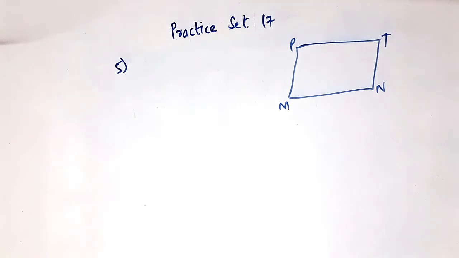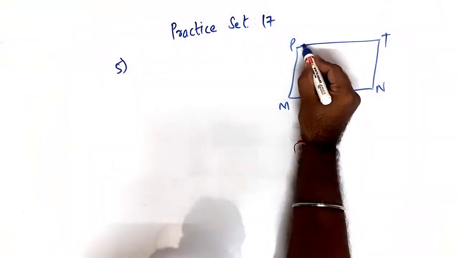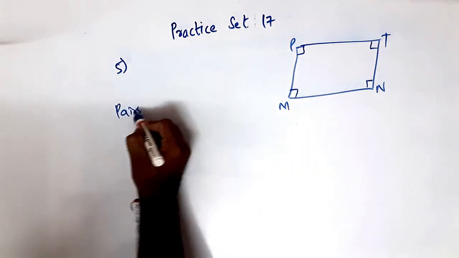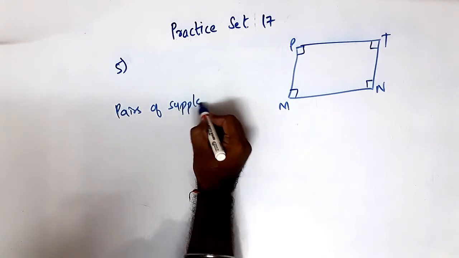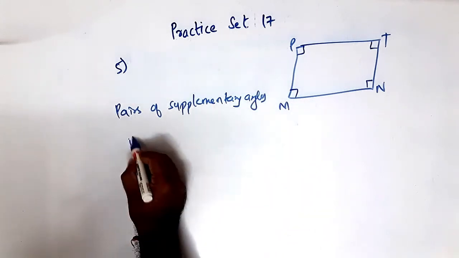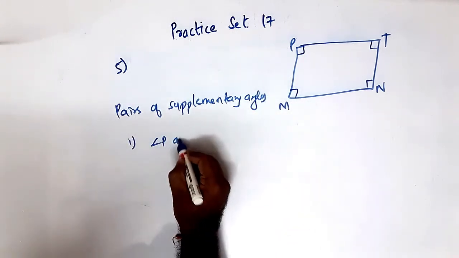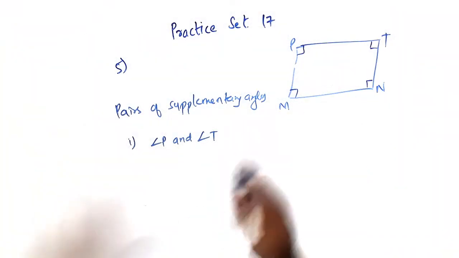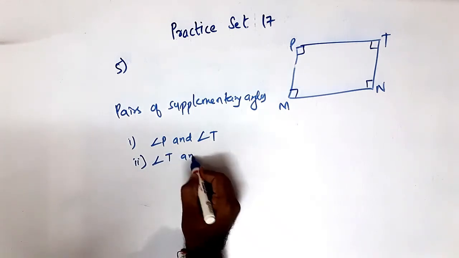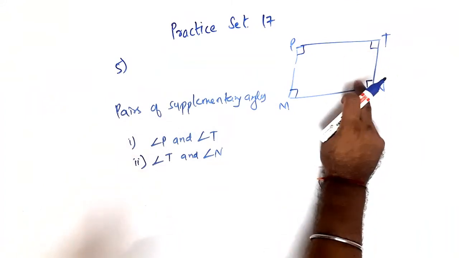The fifth one says that quadrilateral PTNM is a rectangle, and we have to write the pairs of supplementary angles. You know rectangle means all angles are 90 degrees. Supplementary means the total should be 180. So first I am taking angle P and angle T. Then I am taking angle T and angle N. This is also 180.